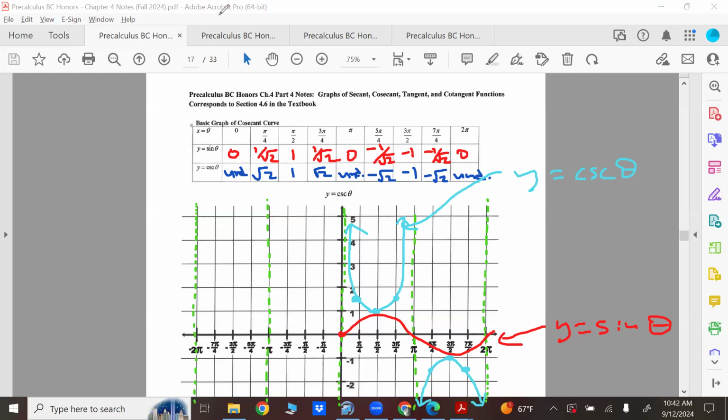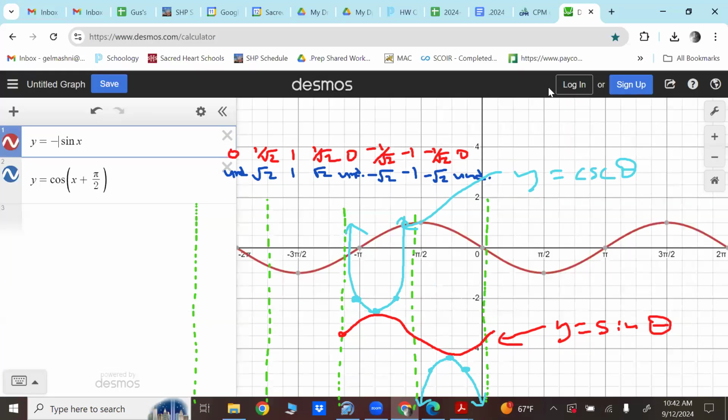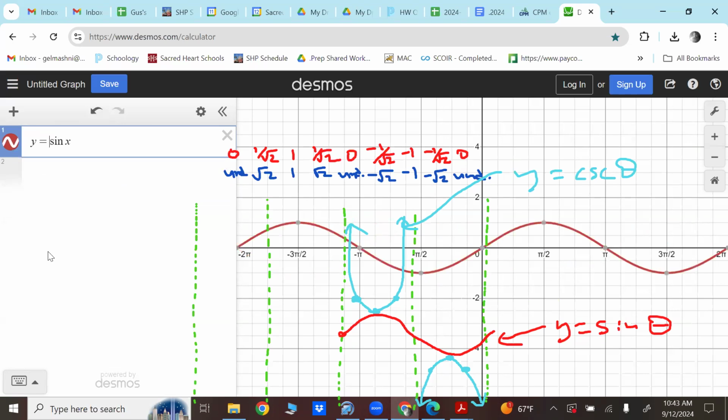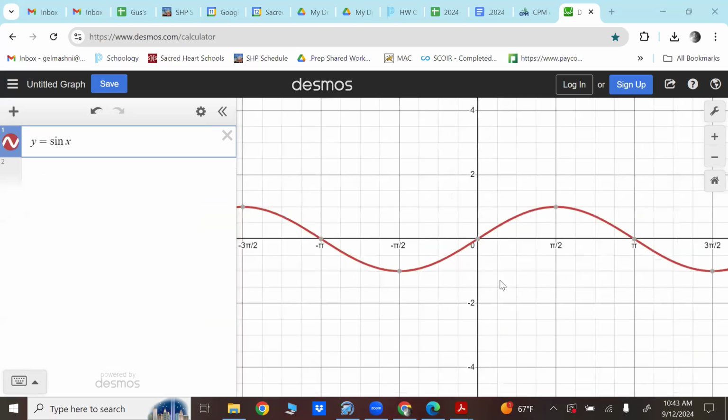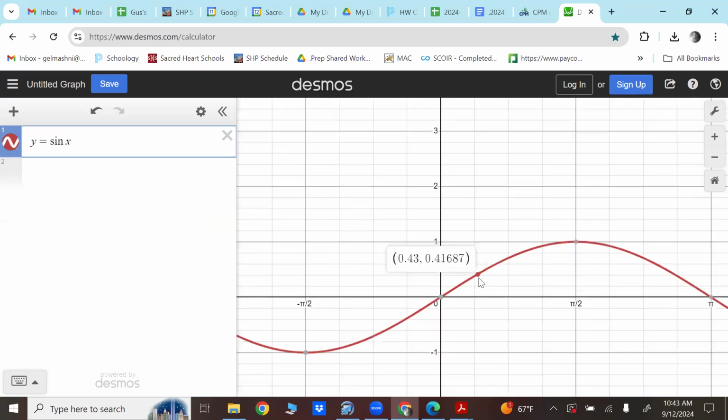Let's actually explore this in Desmos. Right, let's switch this to sine x. Let me clear my drawings. Okay, what's happening as x gets lower, y gets closer to 0, right? Like I said, what if I have 0.096, right? What's 1 divided by that y value? I need a calculator.